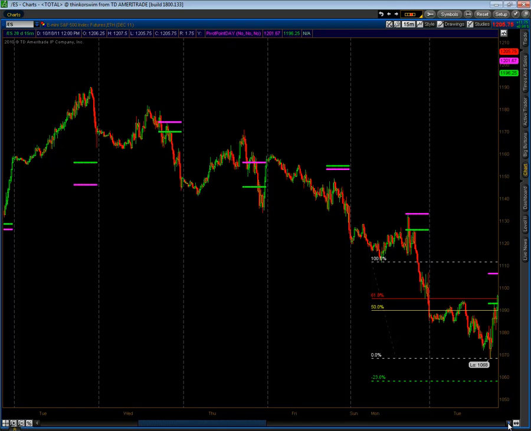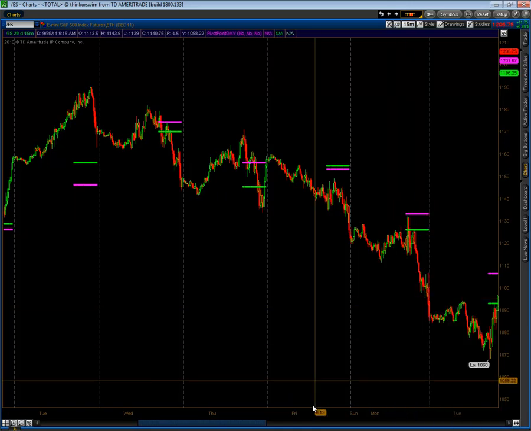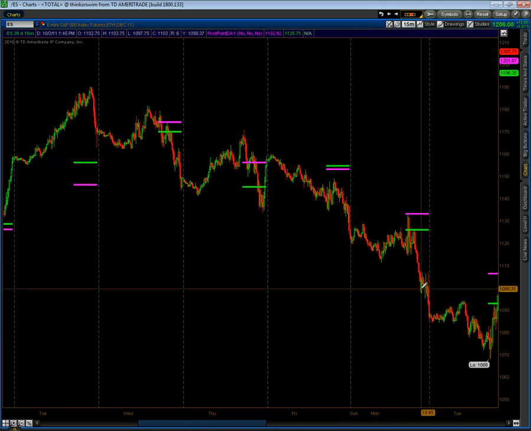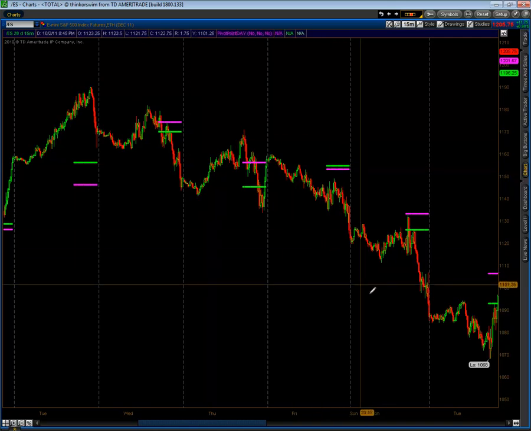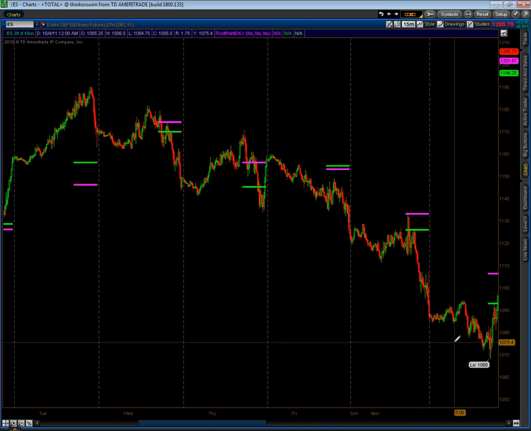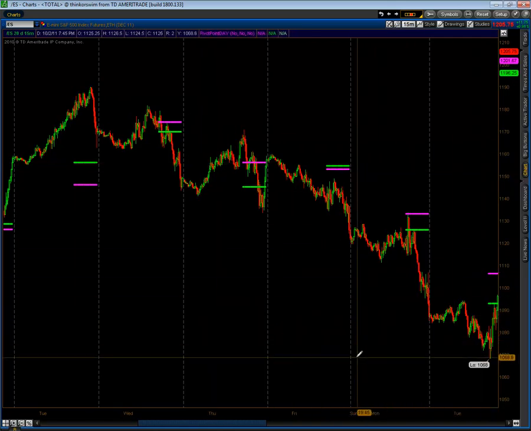As time goes on, we do in fact end up breaking our trend. So this is a trend break. When a trend break occurs, that trade is over. The trend break signifies the point at which this downtrend can possibly turn around.